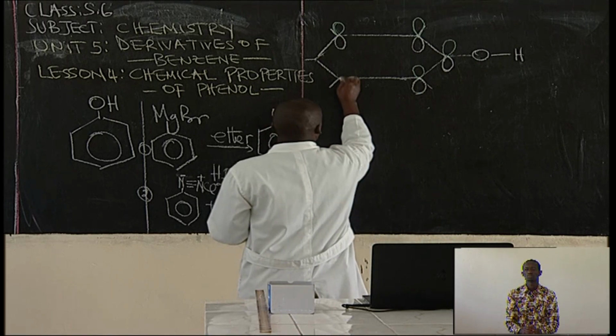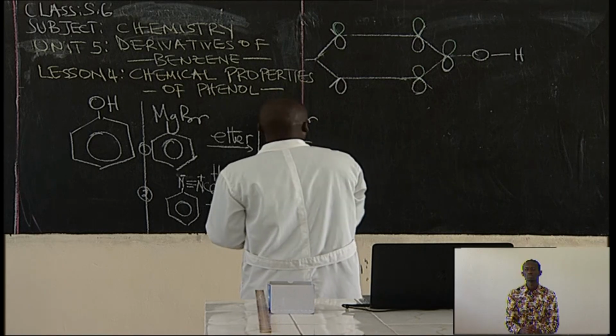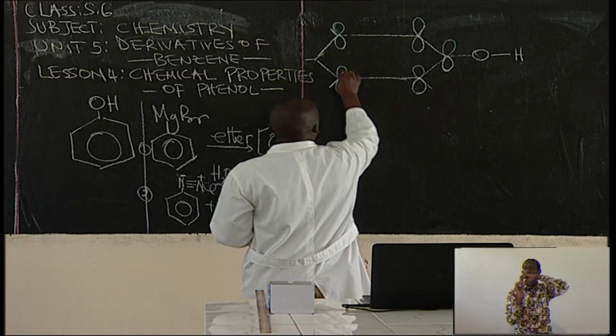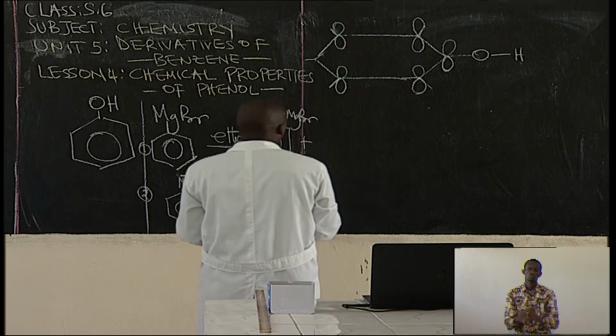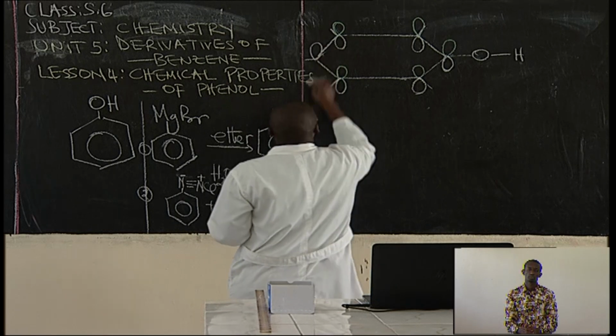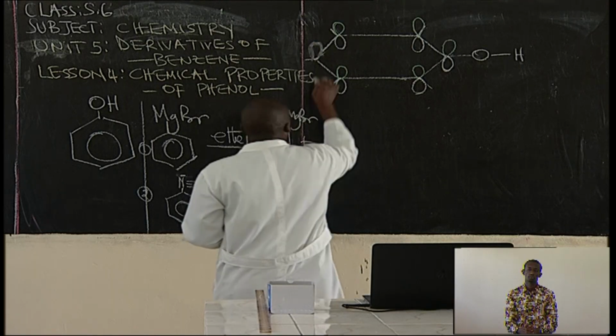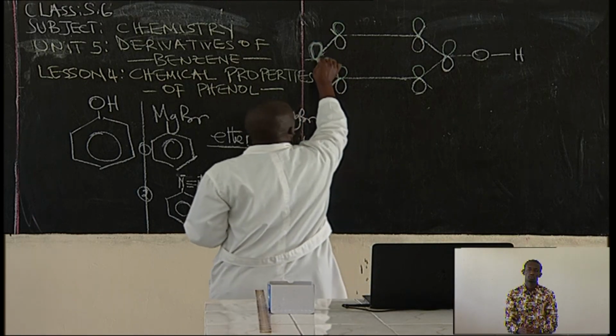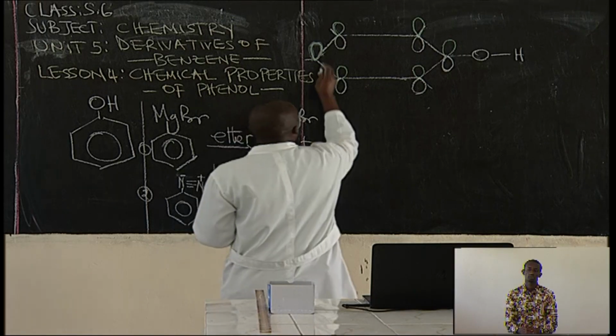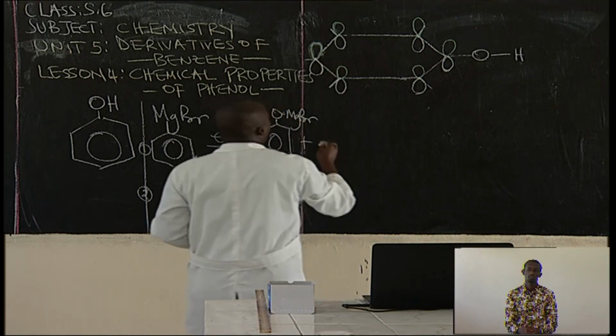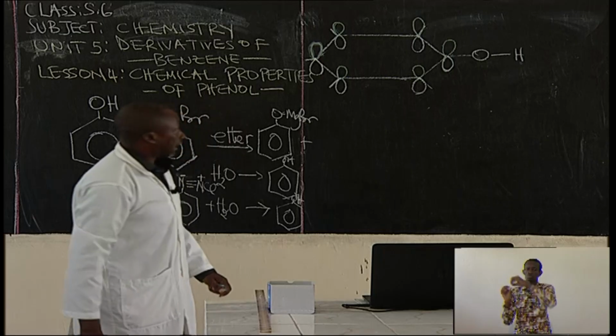So we have another one there. We have another one there. And then we have another one there. I have to use green. And another one there. That is how it looks like.